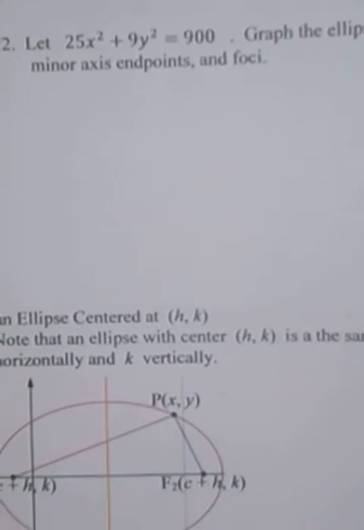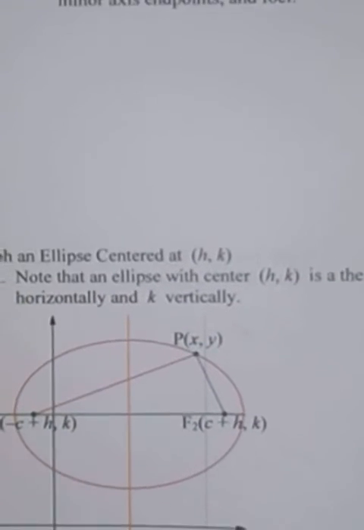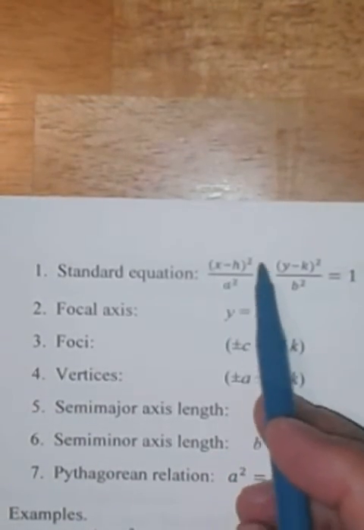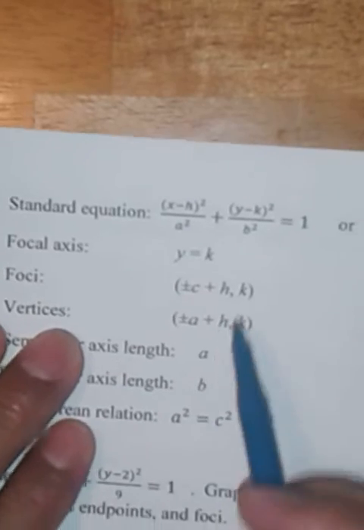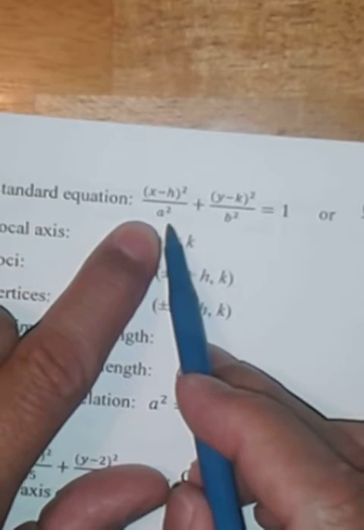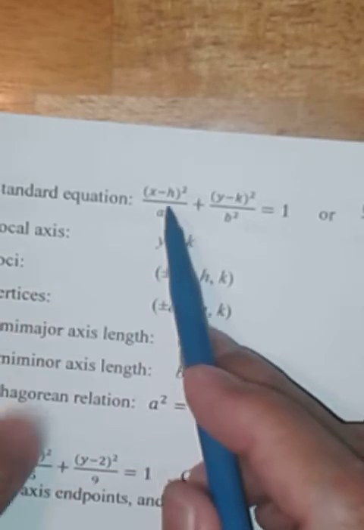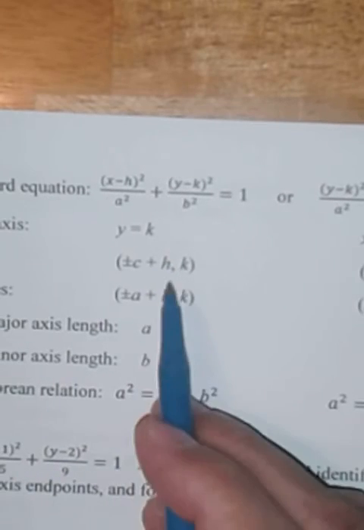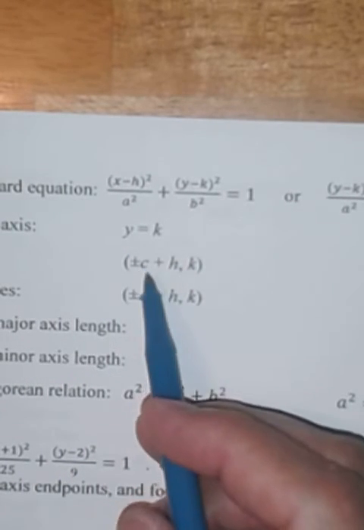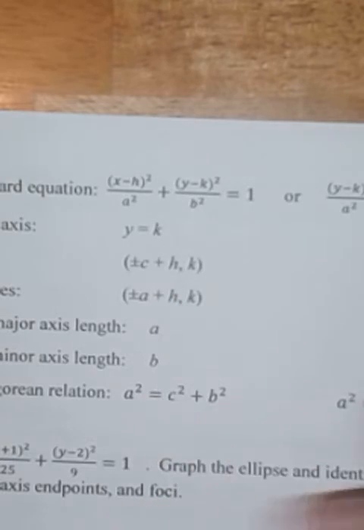Okay. Let's look at what happens when the center moves. It just moves. You just shift, right? Same story. It shifts to h, k, and it's written x minus h squared plus y minus k squared. All right. The a is still under, the bigger number is still a squared, and it's still under the bigger dimension. Okay? Everything else remains the same, where your focal axis is just through the center, lengthwise.